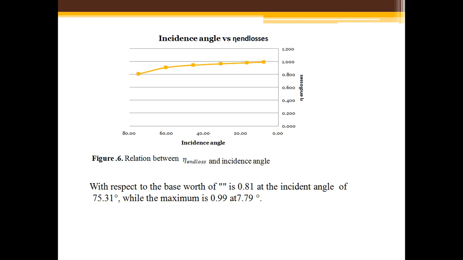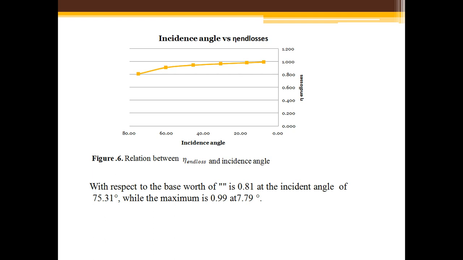This figure shows the incidence angle with end effect losses. With the end effect losses factor, it's noted that the variation at the end of the absorber tube is adversely affected by the incidence angle.